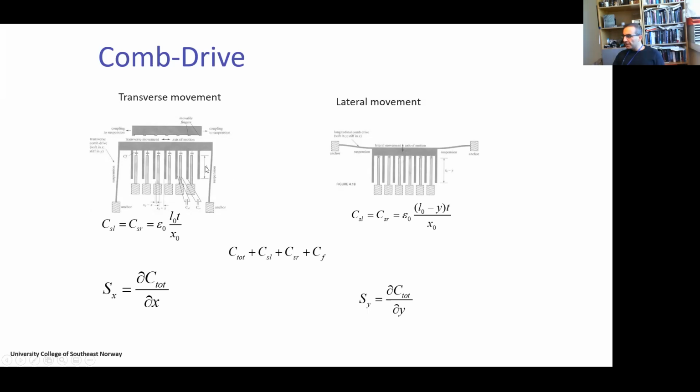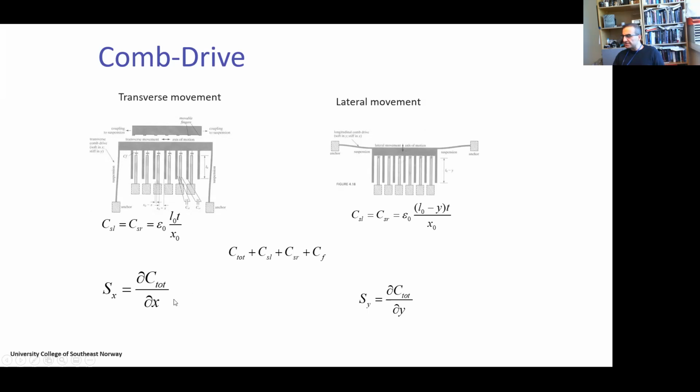And if we anchor the movable plate like the one in the figure to the right, then we will have a lateral movement. The movement will be up and down in this case. And again, we can find the values for the change in the capacitance.